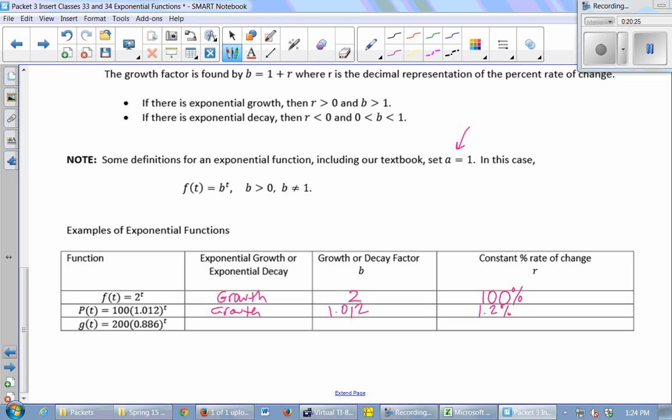Okay, g of t equals 200 times 0.886 to the t. Is that growth or decay? Decay, because when you multiply 200 by a number smaller than 1, it's going to get smaller. So this is decay. And what is my decay factor? 0.886, because that's what I'm multiplying by. Factor means the thing you multiply by. So what kind of percent change does this represent?